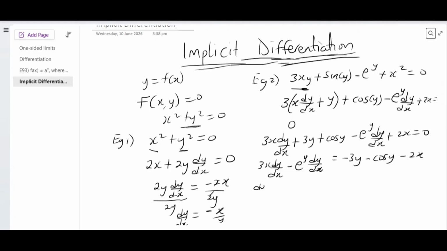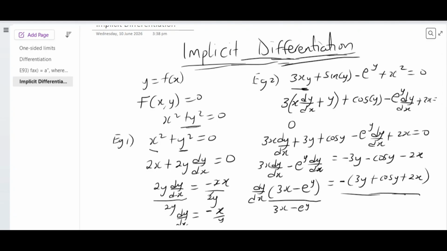Here I'm going to factor out dy/dx, and I will be left with 3x minus e to the power y, and here it is going to be negative, taking out 3y plus cos y plus 2x. Since I'm looking for dy/dx, I'm going to divide through by 3x minus e to the power y. I'll divide here too by 3x minus e to the power y.